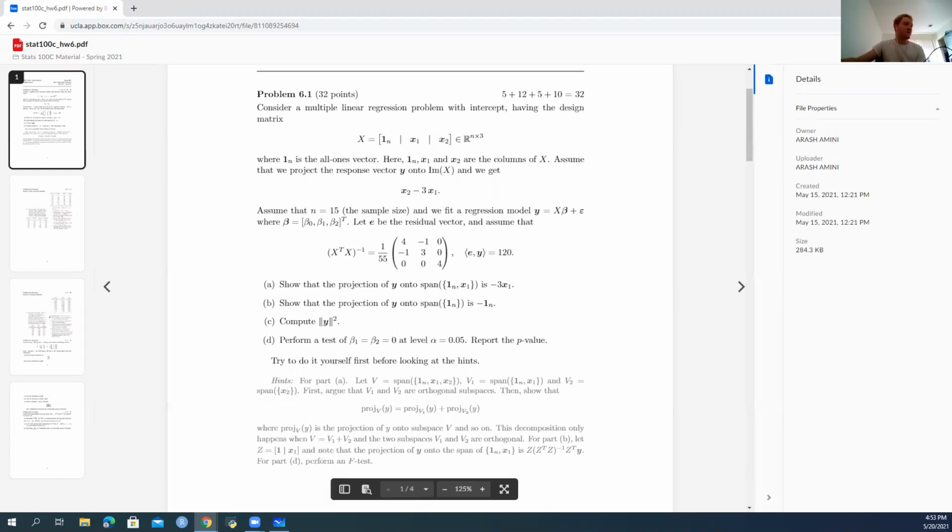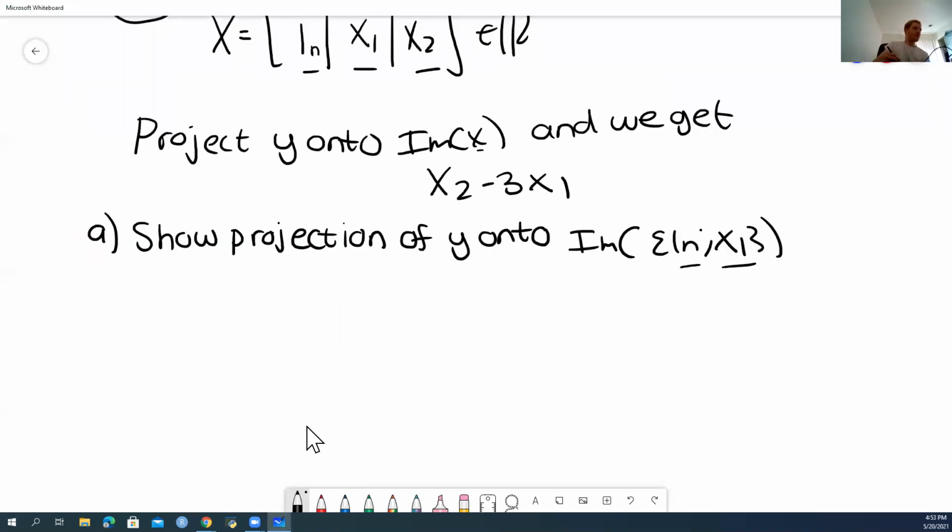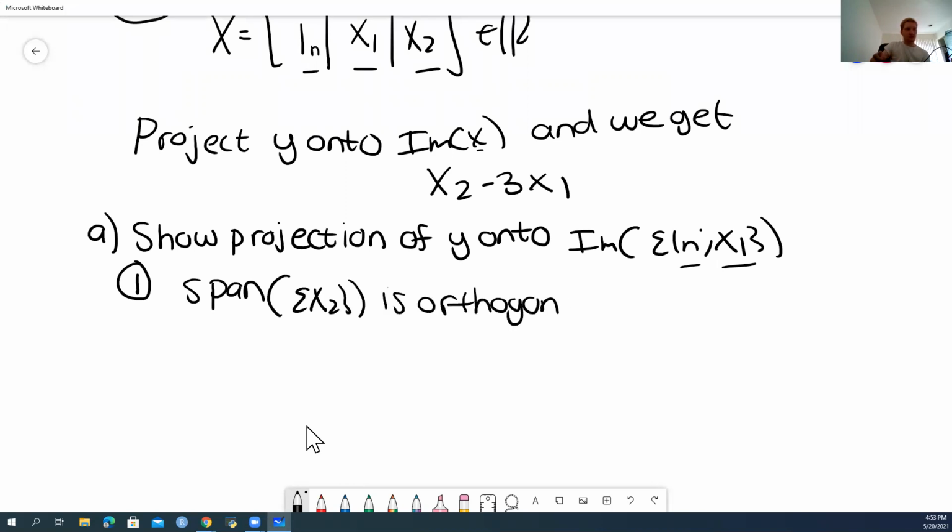So really, the first thing we want to show is that the span of x2 is orthogonal to the image or span, sorry if I'm using them interchangeably, of 1n and x1, okay?